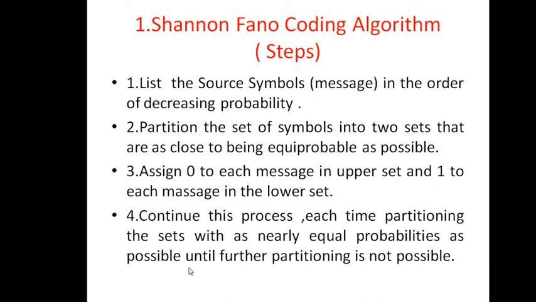Third, assign 0 to each message in the upper set and 1 to each message in the lower set. Fourth, continue this process, each time partitioning the sets with as nearly equal probabilities as possible, until further partition is not possible, then stop. These steps are very important.